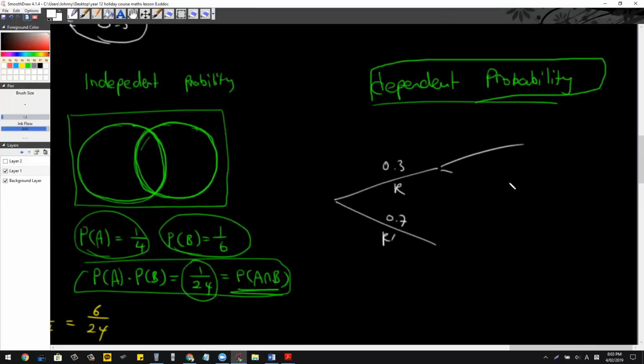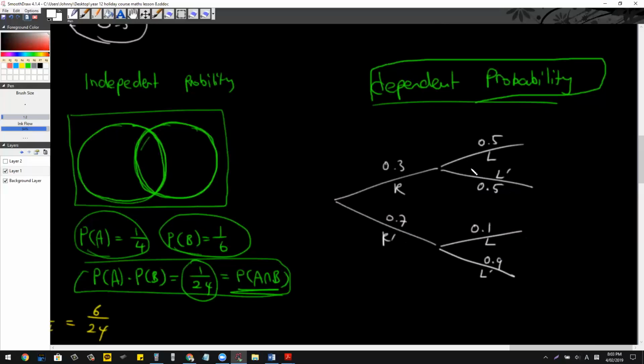And let's say if it rains, then the probability that you go to school late is 0.5, and the probability that you're not late is 0.5, of course. And if it's not raining, then the probability of you being late is 0.1. So that's significantly low. And if it's not raining, the probability of not late is, of course, 0.9. So 90% of the time you're going to arrive on time.